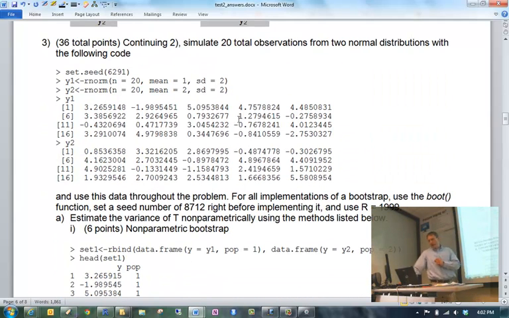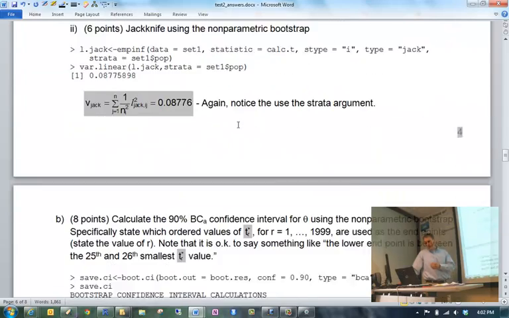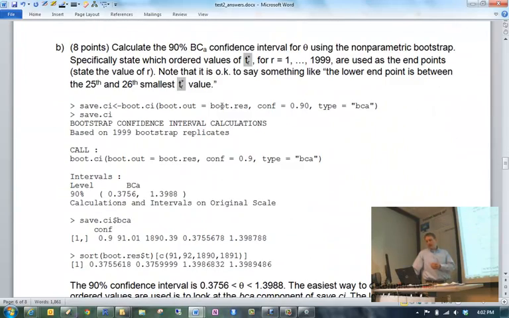Number 3, now ideally what I would like to do for Part B was I want you to calculate the BCA interval, let's say by hand without the boot.ci function, but it's quite hard for me to do that exactly.